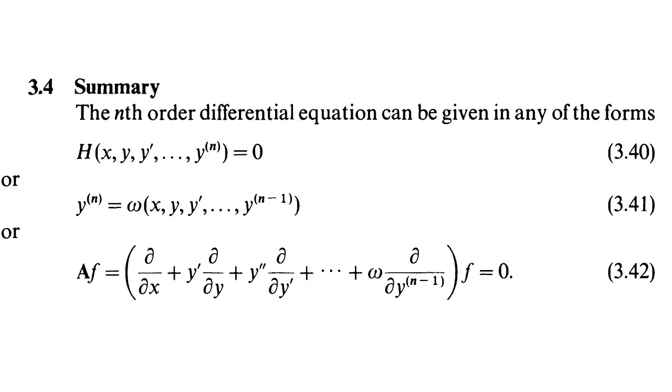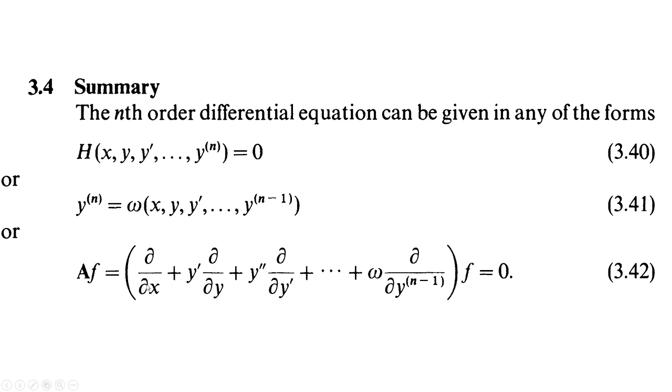So what we did in this lecture, we derived the second formulation of the Lie symmetry of a differential equation. The nth order differential equation can be put in this form, yn is equal to omega, and can be put in this form as well.